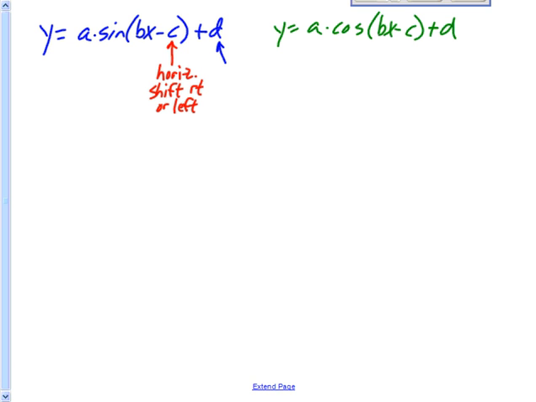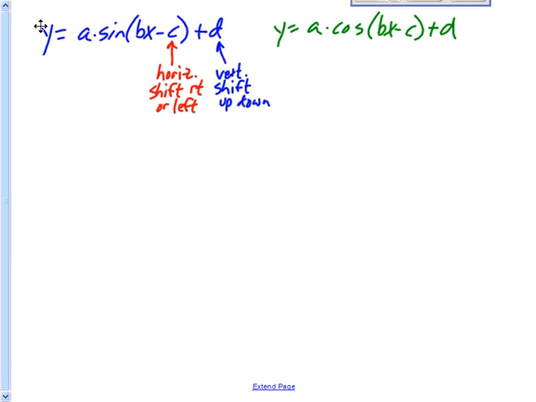That D right there is going to be a vertical shift, up or down. If that D value is positive, it's going to go up. If the D value is negative, it's going to go down. Same thing for C and D for that cosine function.